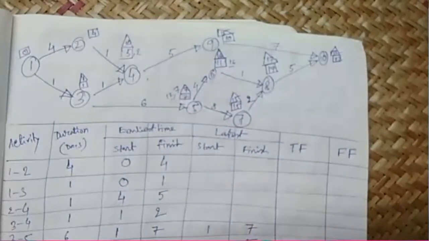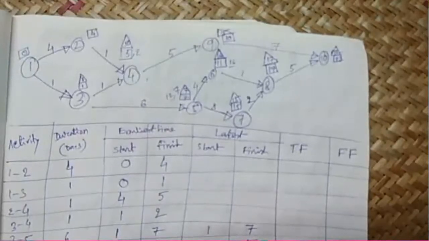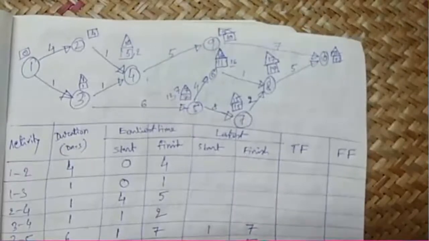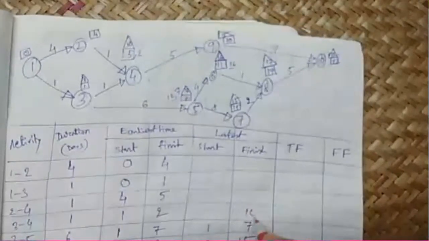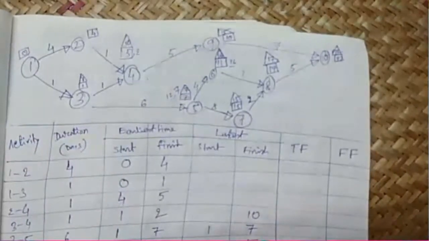Now we talk about 3 4. With 3 5 being completed, if you look at 3 4, it ends on 10 days. Then the latest start of 3 4 will be 9.